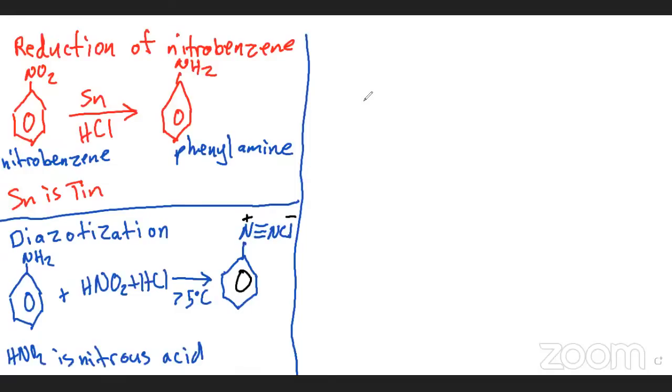All right, so for some reactions, they just have reagents and not a particular condition like temperature or catalyst. For this one, you must remember the temperature and the reagents. For the nitration of benzene, you must remember the temperature as well, and for this diazotization reaction, you must remember the temperature as well.